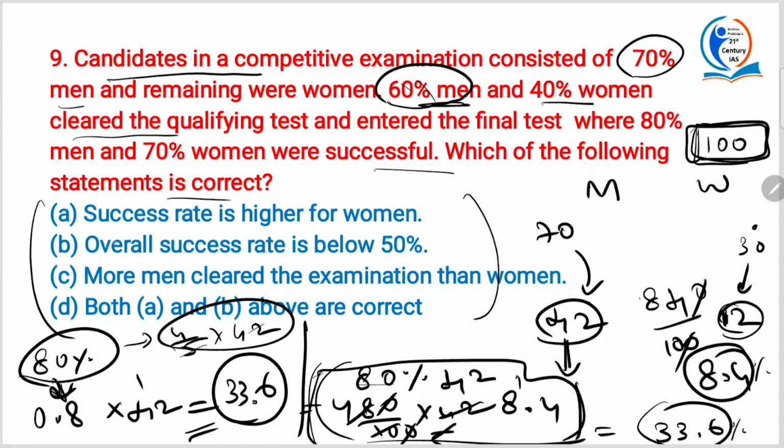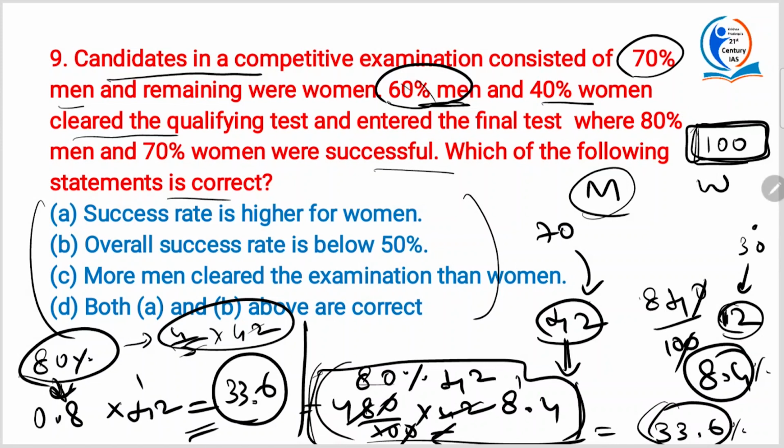Now, the option says success rate is higher for women. In this particular problem, it is not so, because see, 33.6 by 70, if you take the percentage, you will get approximately 48%. So, men are successful by 48%, and women, how much will you get? 8.4 by 30.